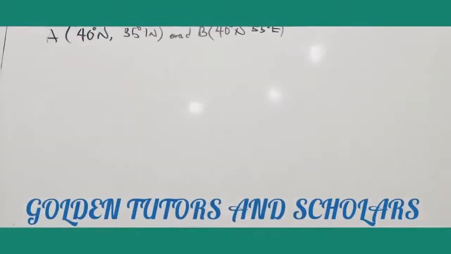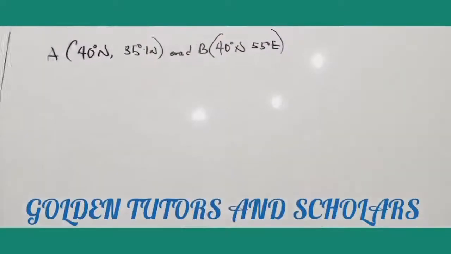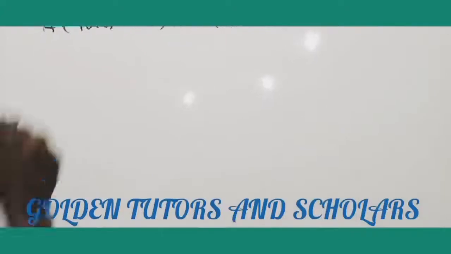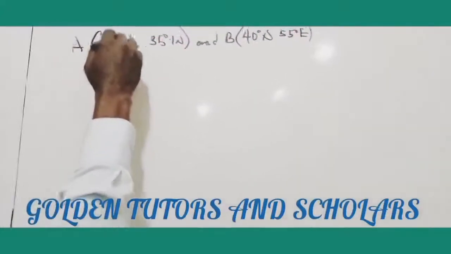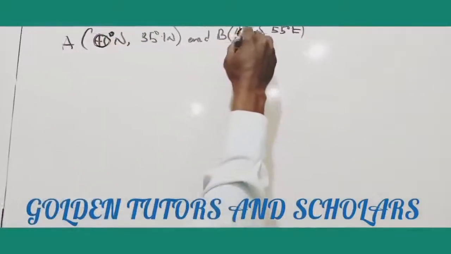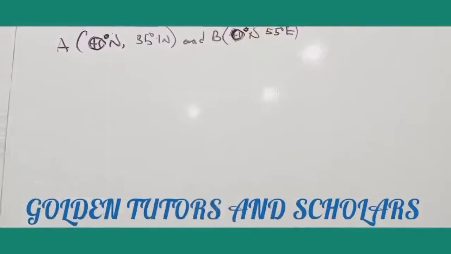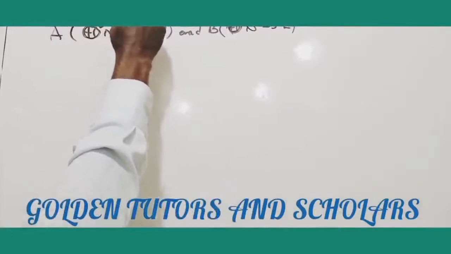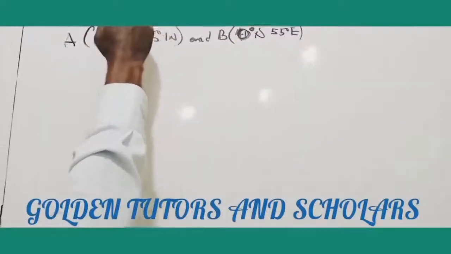If we are to represent this, let's even say the lines of latitude here are 0 degrees. These are their coordinates. This is the latitude here, and this is the longitude. Just putting it for short.